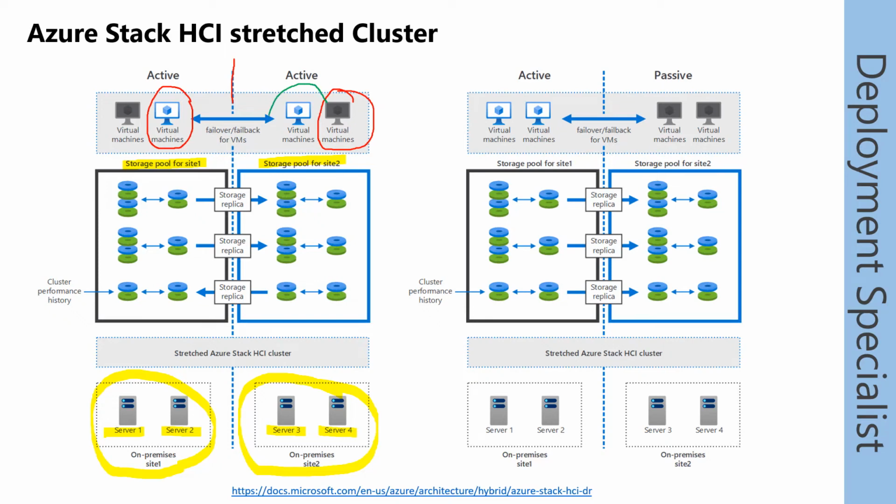And if this machine here on the second site fails, or the second site fails, this machine will be started on the left-hand side. So both sites are active. We use both sites for workload, and we have the other side for failover. In the active-passive scenario, we define one active site where all the workload is running, and the passive site is only there for failover.